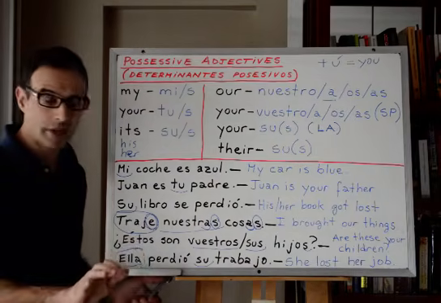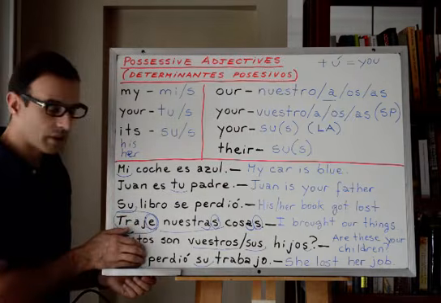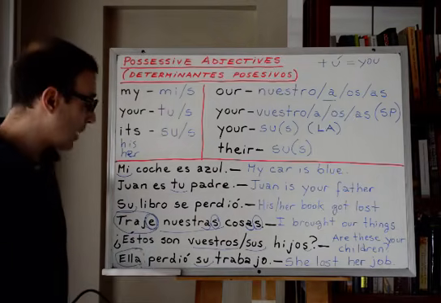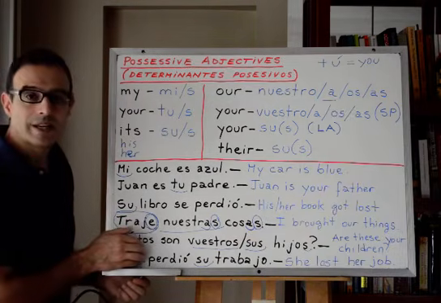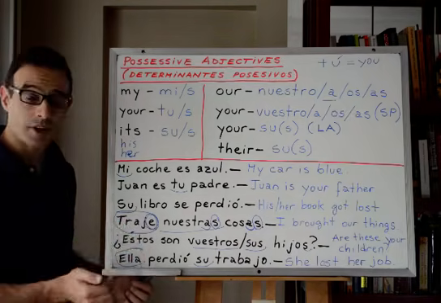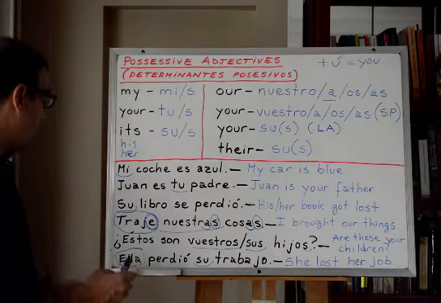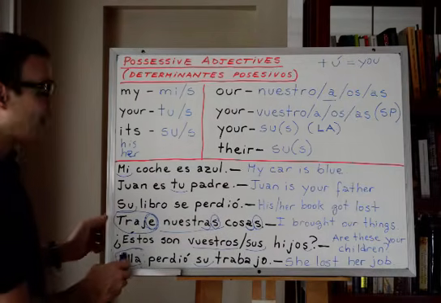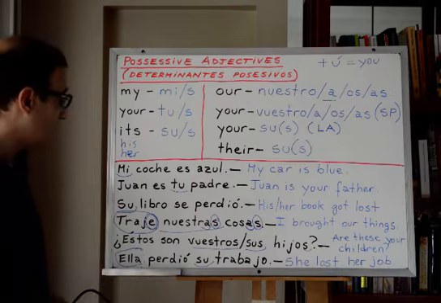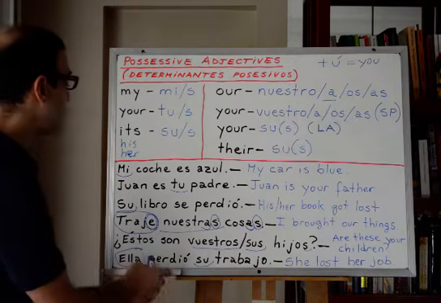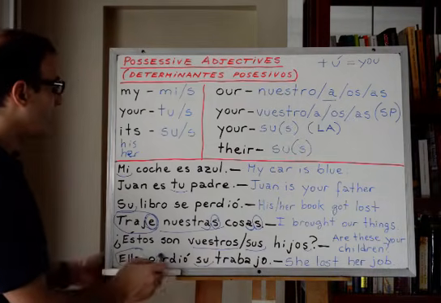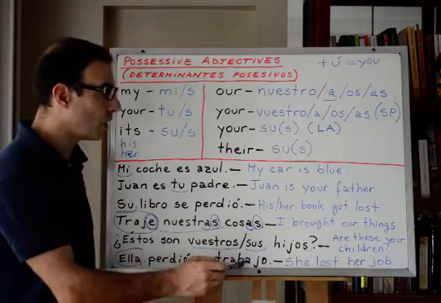There is nothing missing there grammatically. However, like this, I wouldn't know if I'm talking about him or about her. Therefore, I include the pronoun ella for her. And this way I know that su means her and not his. Ella perdió su trabajo. She lost her job.